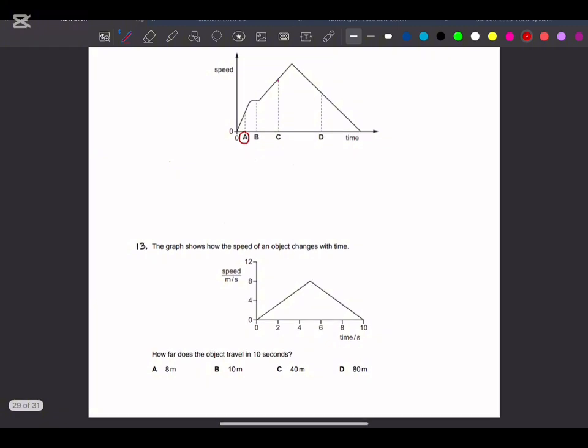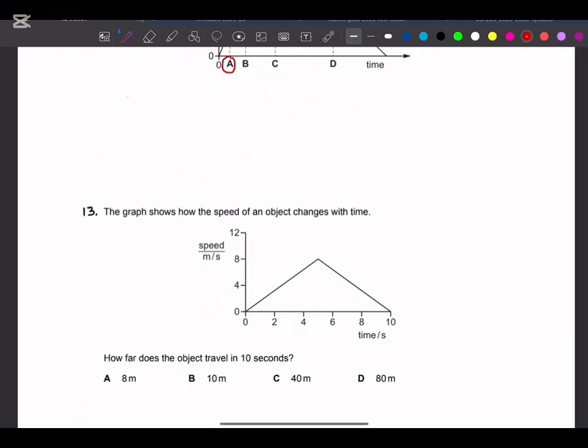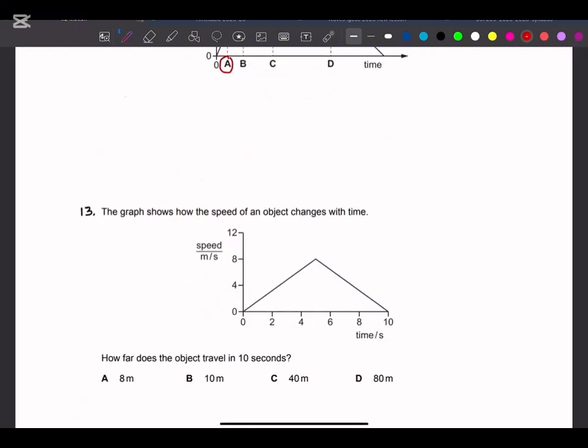Then 13, the graph shows how the speed of an object changes with time. How far does the object travel in 10 seconds? Here they are asking how far, that is, they are asking for the distance covered, and you know that the area under the curve, that is, the area under the triangle, will give you the answer. So how are you getting it? Half into breadth into height.